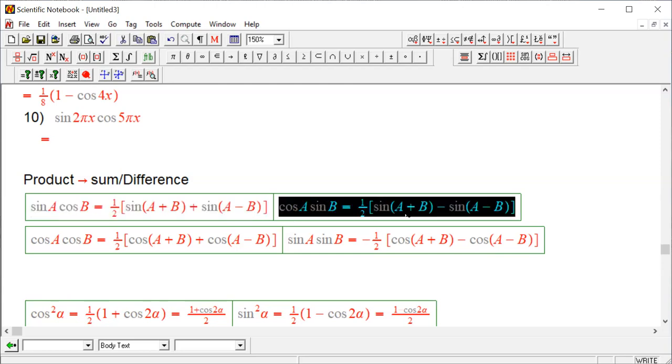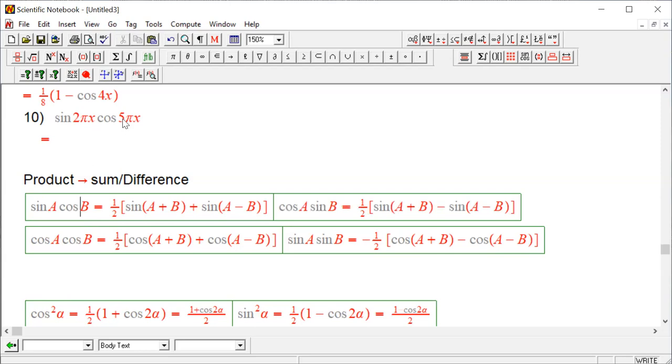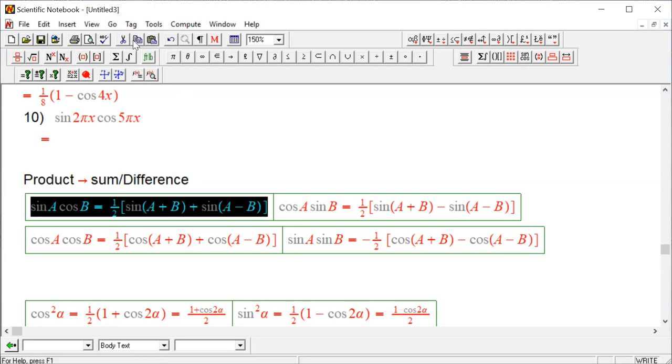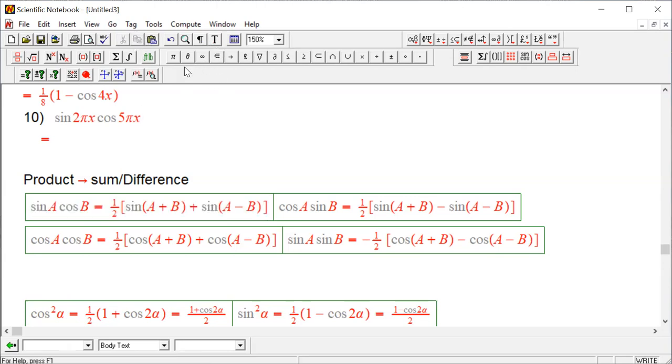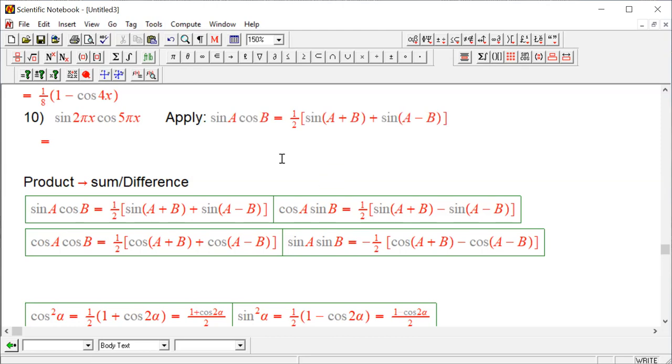Can we apply this other piece? Of course you can. You just have to shuffle the places, it doesn't really matter. So let's just use this one. We're going to apply this formula right here, and our A is 2 pi x.